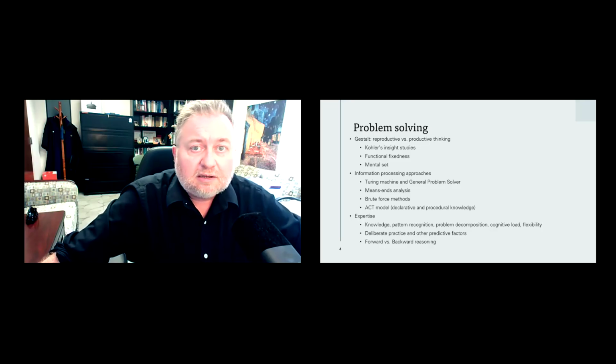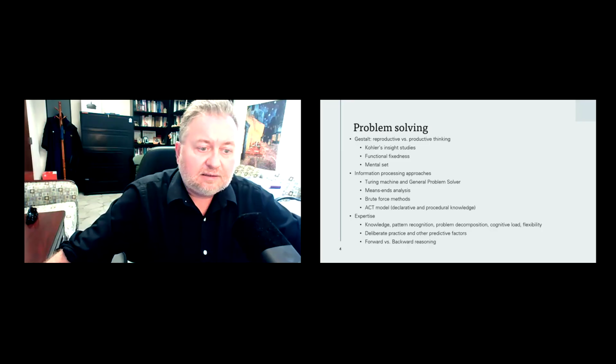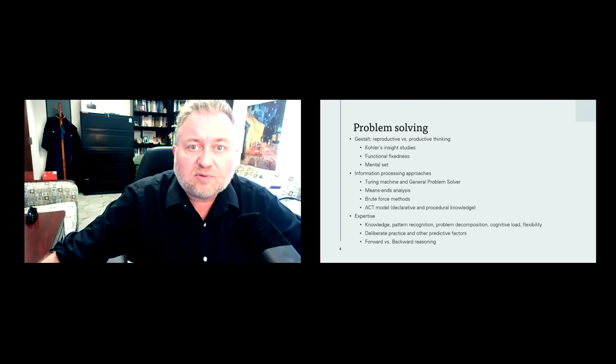People have difficulty envisioning novel uses for tools, or the mental set research, where people get into a habit of solving a problem using a specific approach, and they get stuck on that approach. And when the nature of the problems change and the approach doesn't work anymore, people have trouble adapting to those new versions of the problems, even if the new versions of the problems are actually pretty simple.